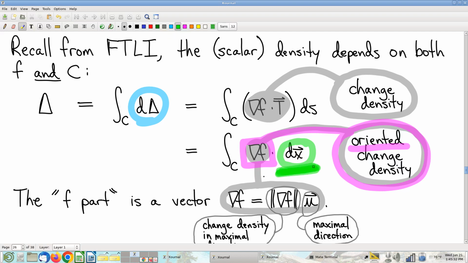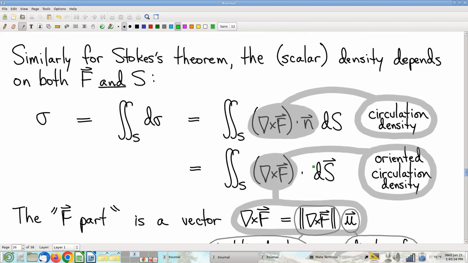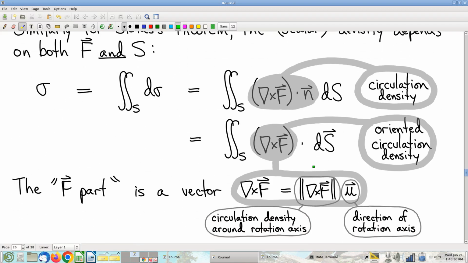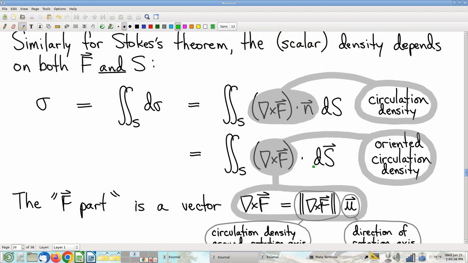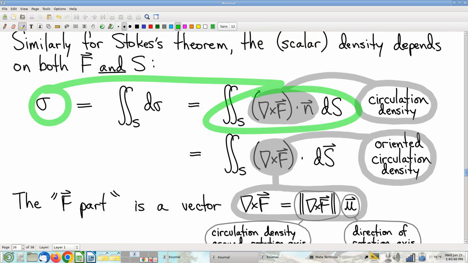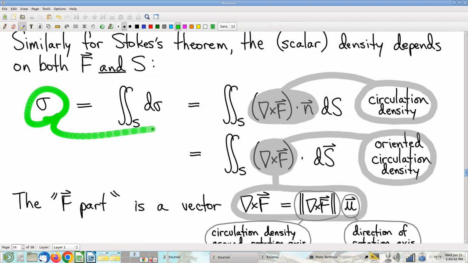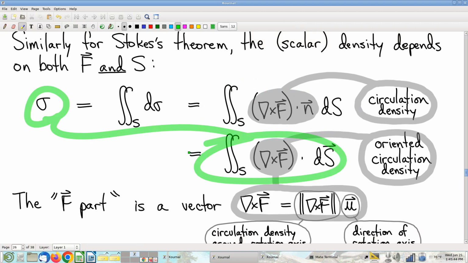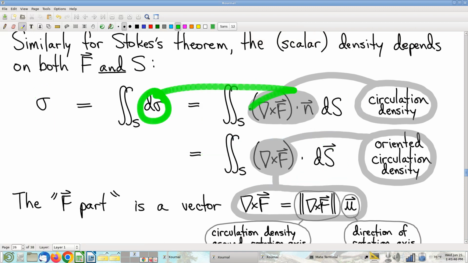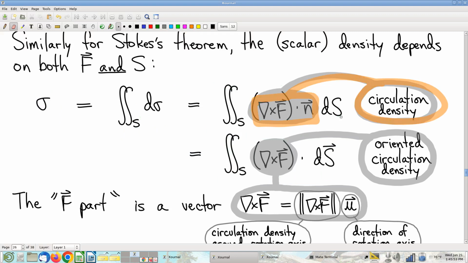So we're going to do the exact same thing now with Stokes' theorem, and here we go. Stokes' theorem you can think of either as this, or you prefer this. Take your pick, and sure, if you think of circulation per unit size, then here's your circulation density, and yes, there is that normal vector. Surface orientation is in there. That's weird. What's going on? Why do we have that?